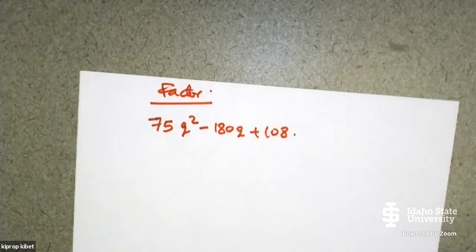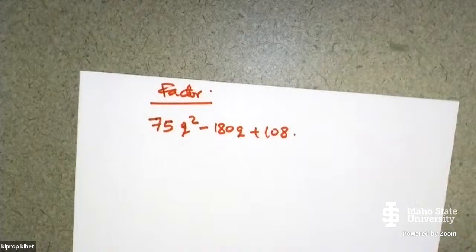Before you do anything to do the factoring, you need to see what is the greatest common factor. First of all, what is dividing all of these? It is 3.